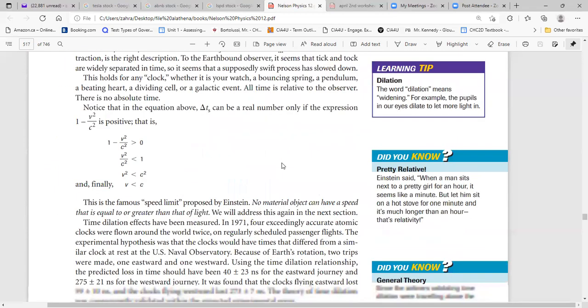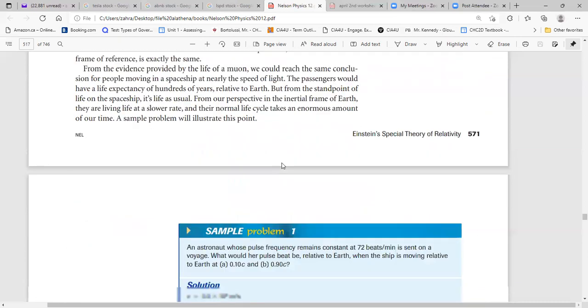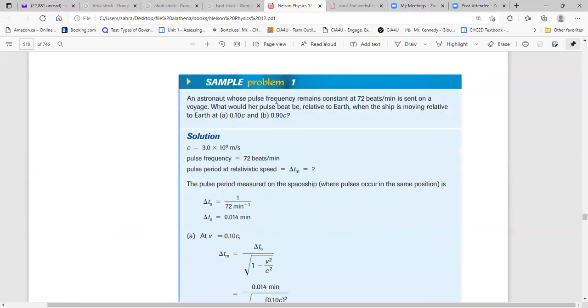So here is a question. An astronaut whose pulse frequency is 72 beats per minute is on a voyage. What would her pulse rate be relative to Earth when the ship is moving relative to Earth at 0.1c and 0.9c? c is the speed of light.